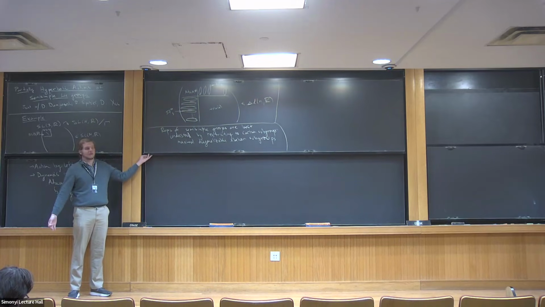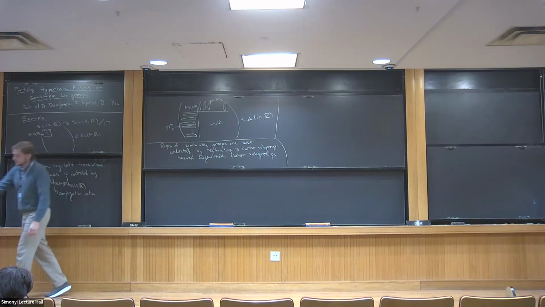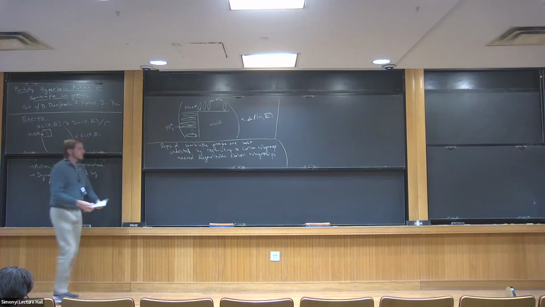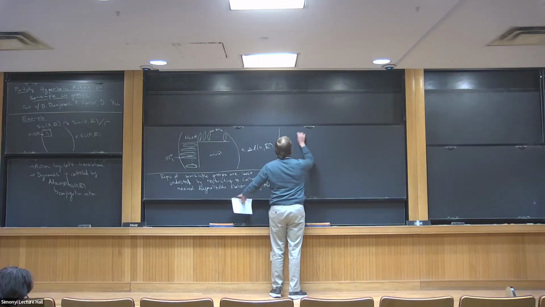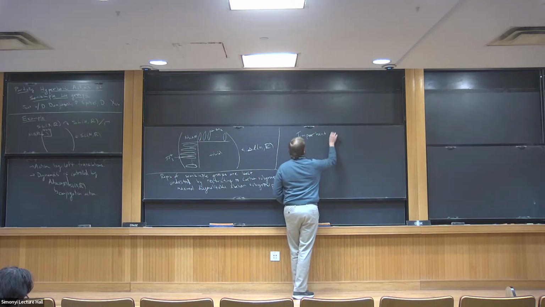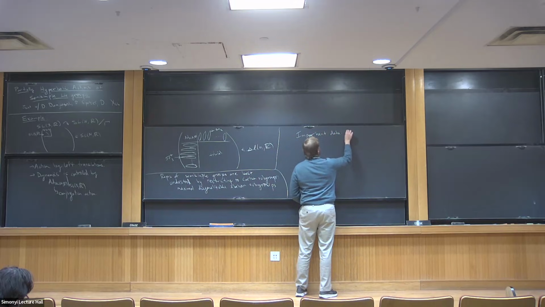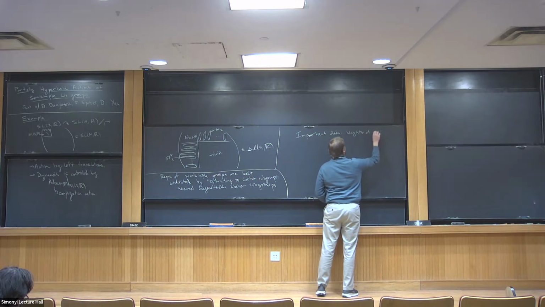So we classify representations based on the weights that appear. So the important data here are the weights. These are the weights of the rep.